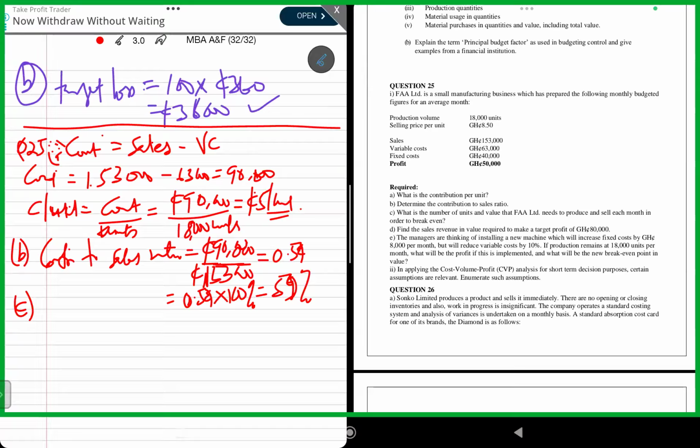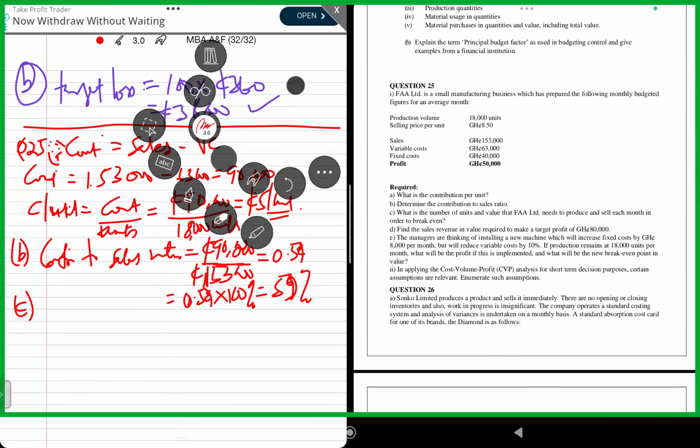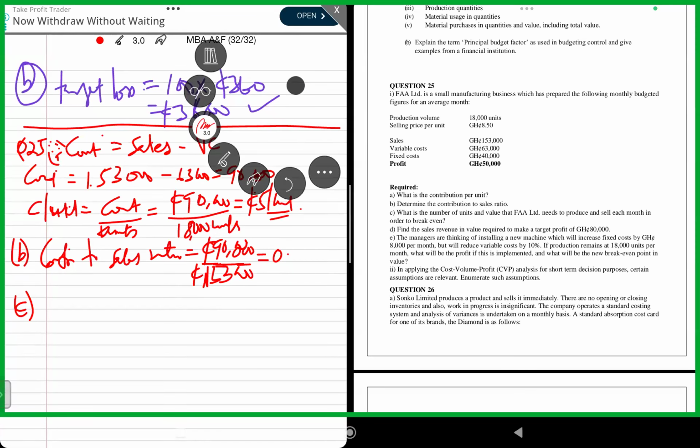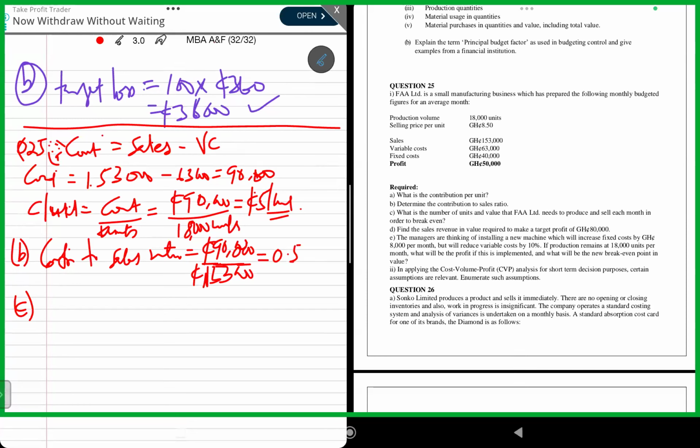We might require approximate values, so let me keep four decimal places: 0.5882 times 100%, which gives 58.82%. Let me maintain that.